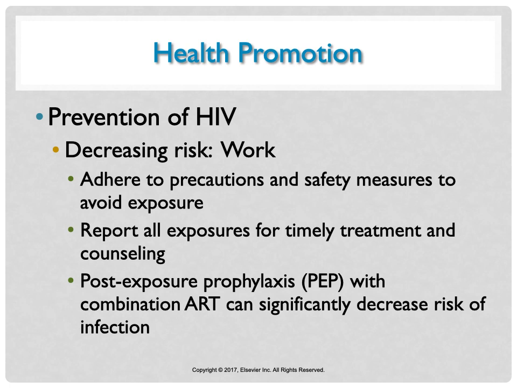Finally, as far as work is concerned, we want to adhere to precautions and safety measures to avoid exposure. The risk from occupational exposure is small, but it's still there. Should the nurse be exposed to HIV-infected fluids, post-exposure prophylaxis with a combination of antiretroviral therapy can significantly decrease the risk of infection.